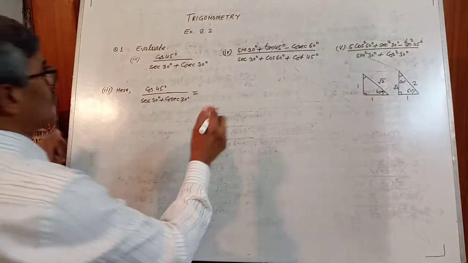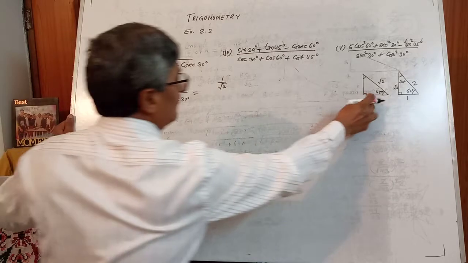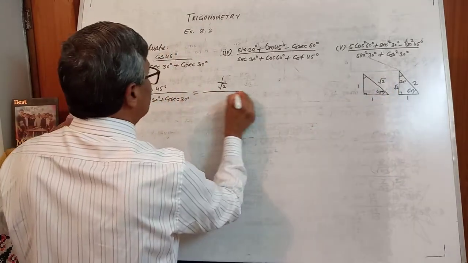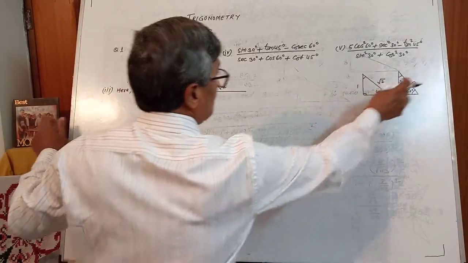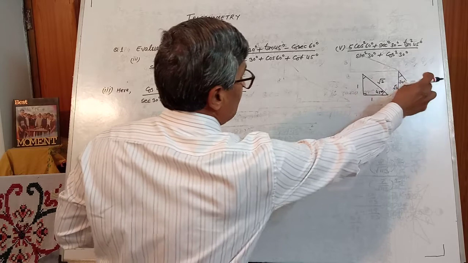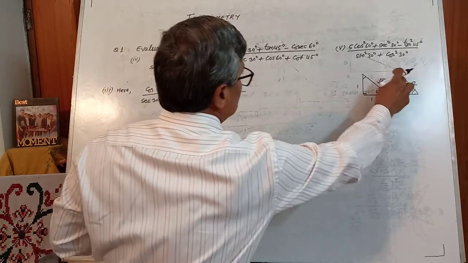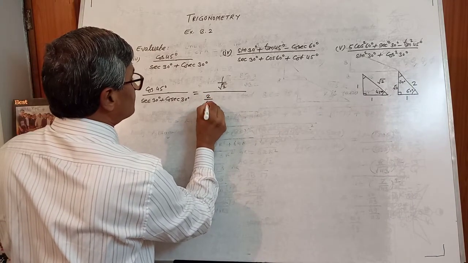It is 1 by root 2, base upon hypotenuse, divided by sec 30. Sec 30 is hypotenuse upon base.